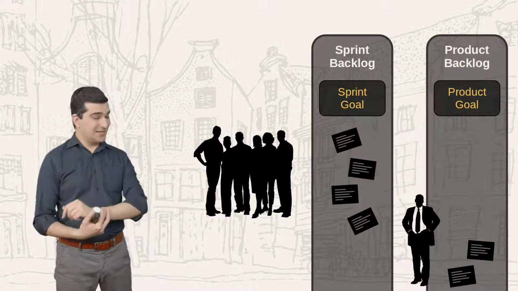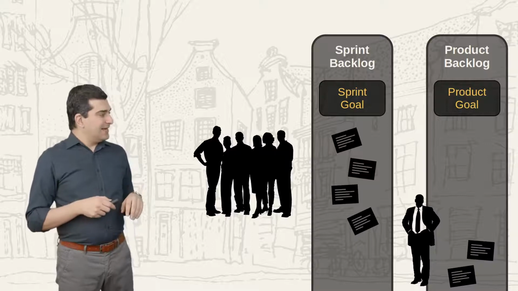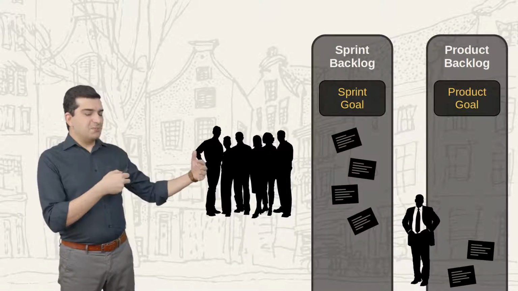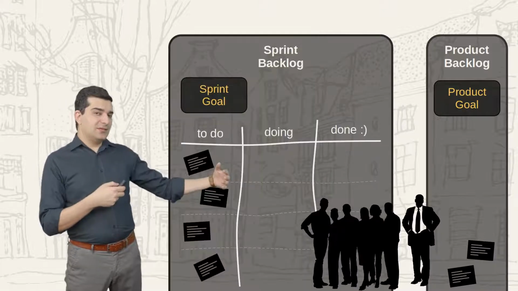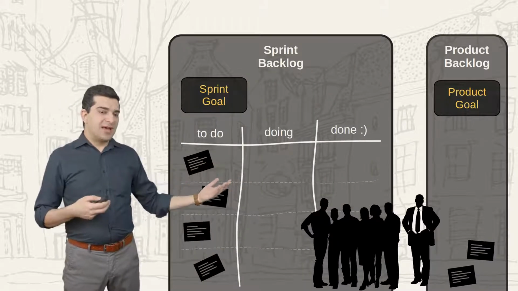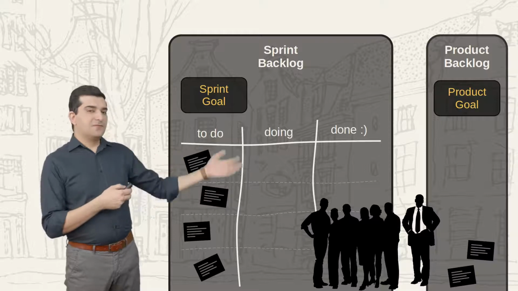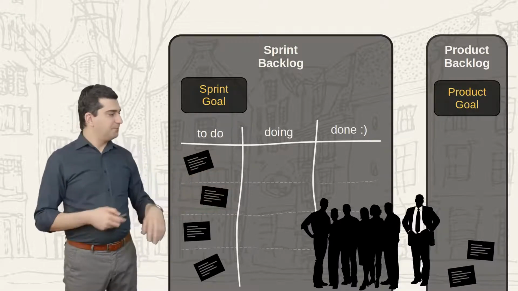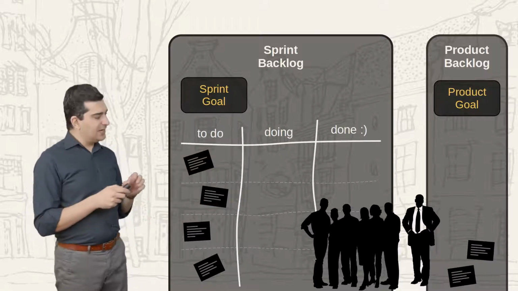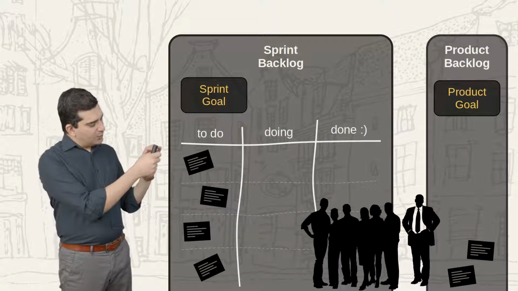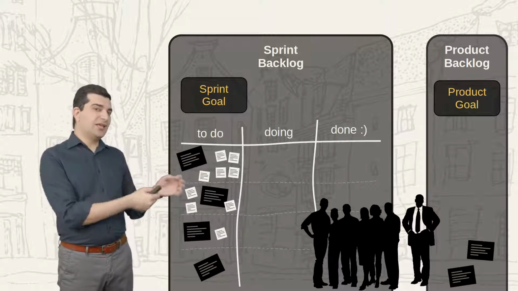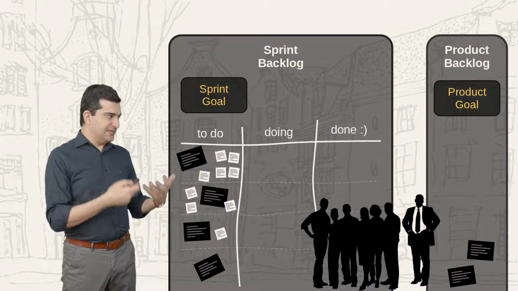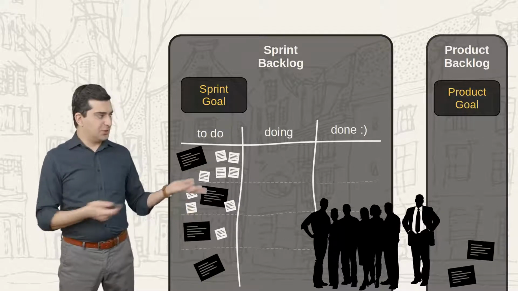The other thing that I can tell you at this time is that this sprint backlog can be expanded a little bit. Normally, usually it is expanded, and you can create different columns in it, to do, doing, done, for example, if you want. And while you're doing that, you can also decompose those items into technical things that you want to do. You detail, you plan. Actually, that's a type of planning.